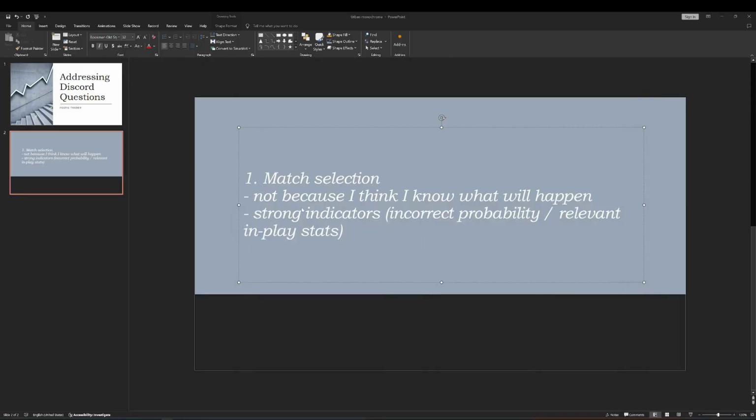For in-play trading, again, you need to have some indicators. So your basis of making a decision is what's happening, or the stats. I'll give you one example, or maybe more, but I'll start with one example where there is a red card.